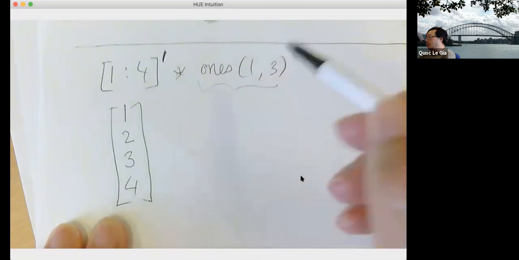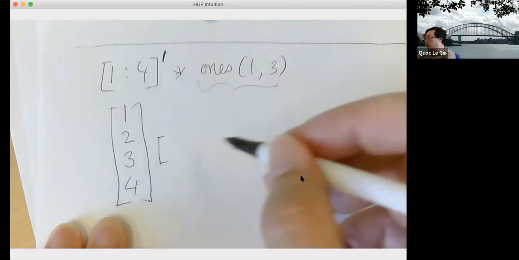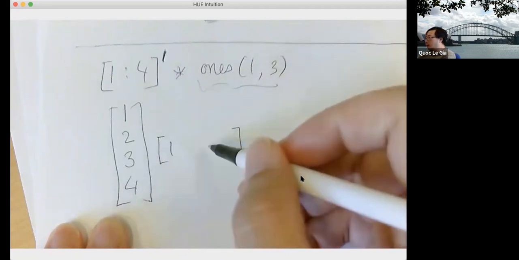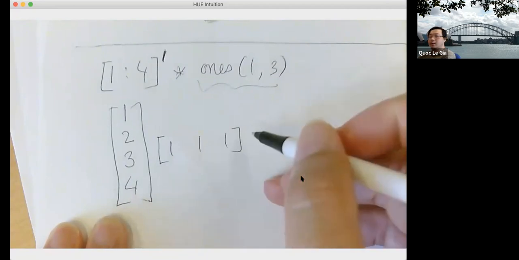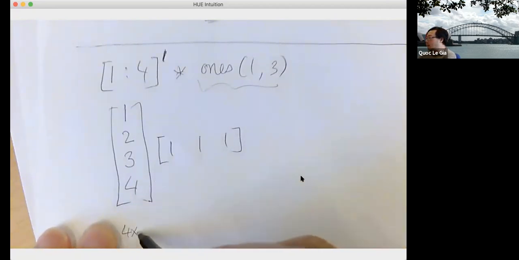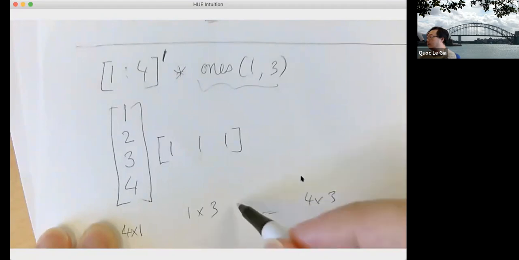And this one is just a matrix of 1 row and 3 columns, and every entry is 1, so you have three ones. And remember your matrix multiplication. This one is 4 by 1, and this one is 1 by 3, so you should get a 4 by 3 matrix.